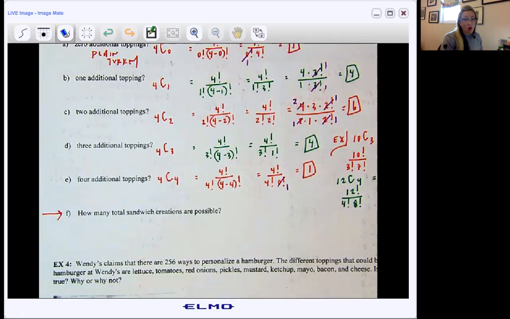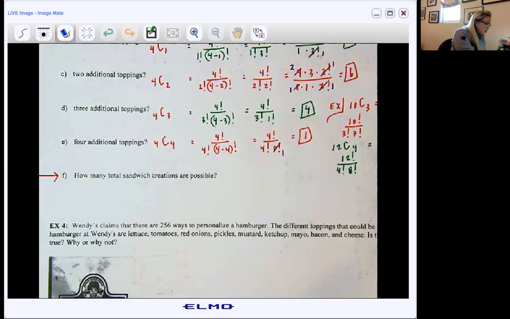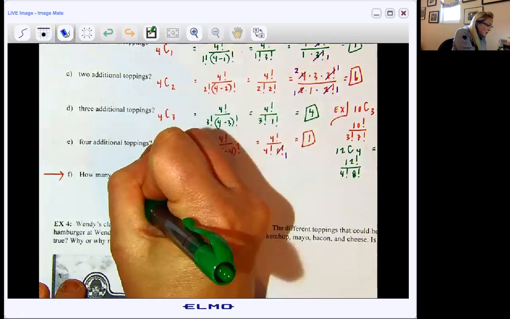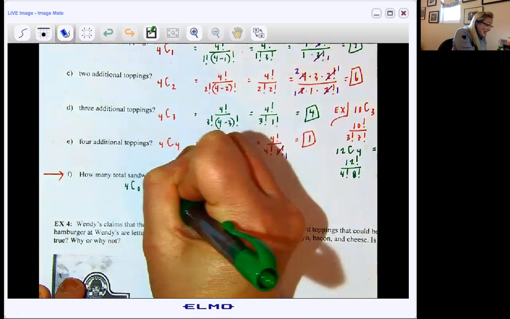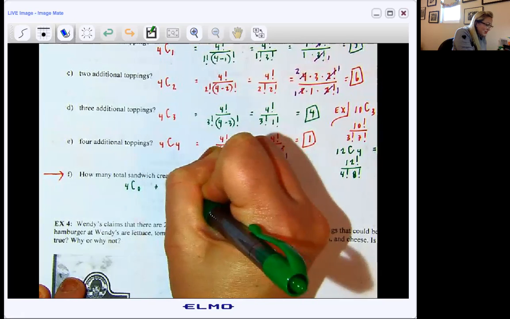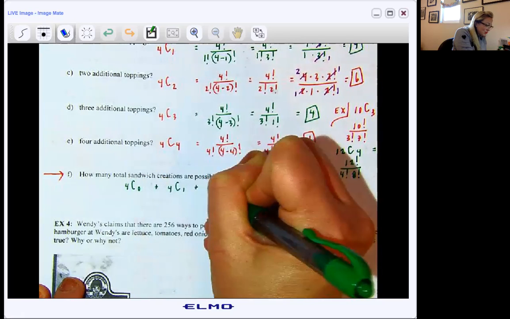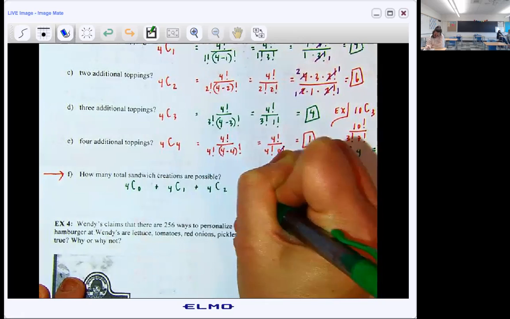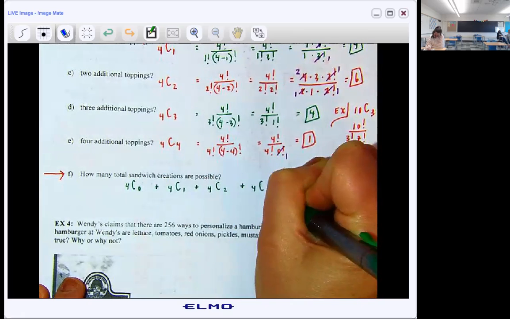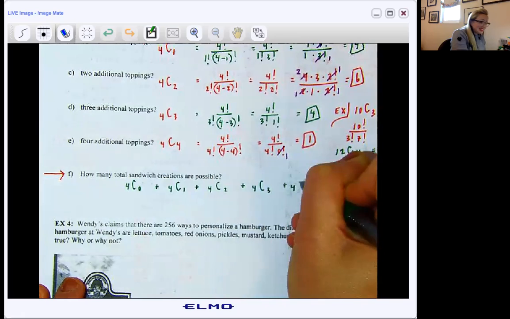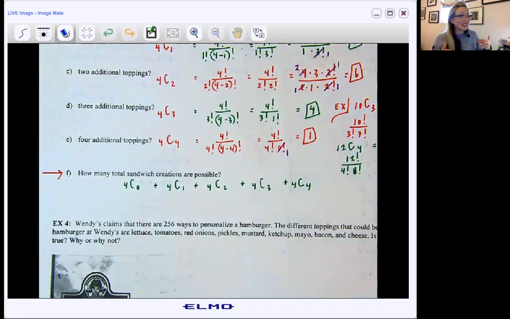So really what you're ultimately doing is you're taking the 4 choose 0 and you're going to add it to 4 choose 1 and 4 choose 2 and 4 choose 3 and 4 choose 4, because she could have had none of these extra toppings or all of them or something in between.